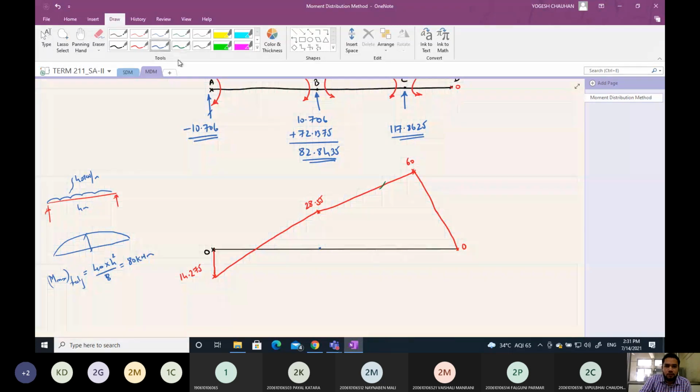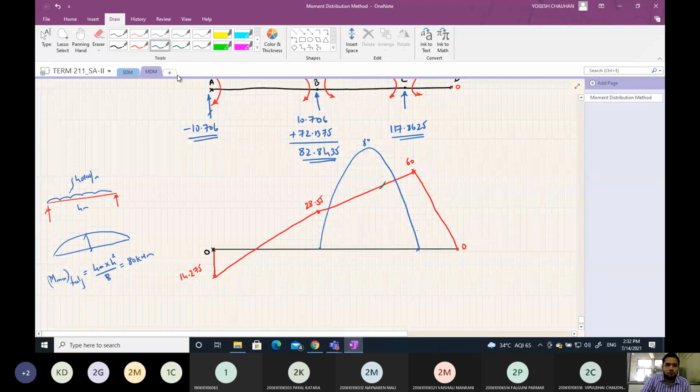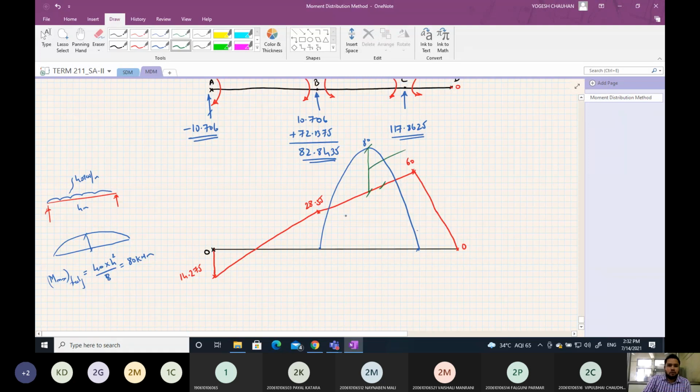This is point C, so the parabola will be like this.